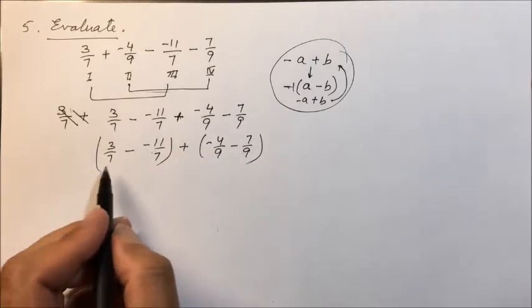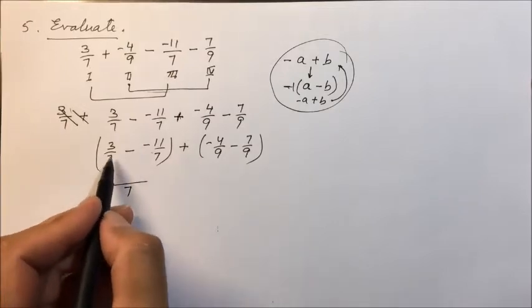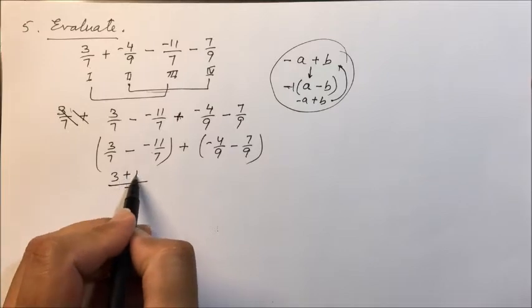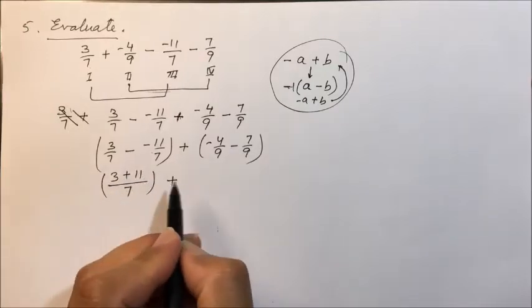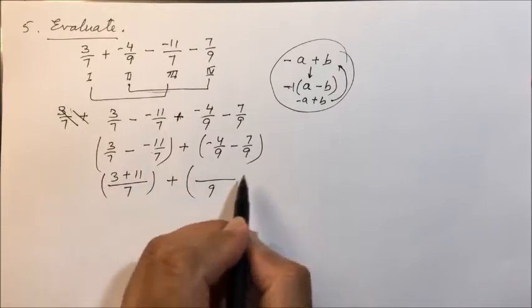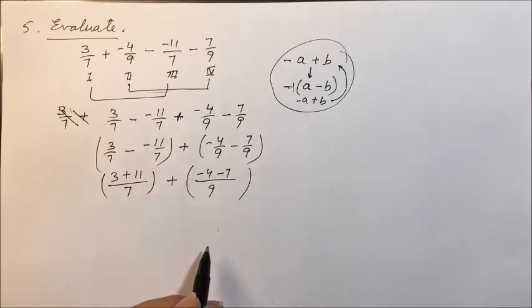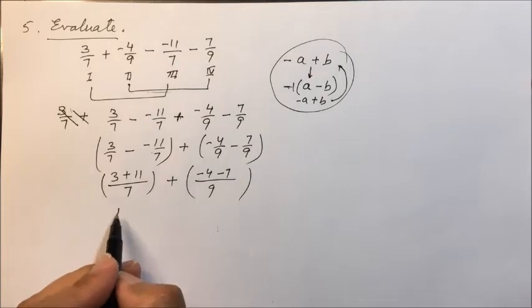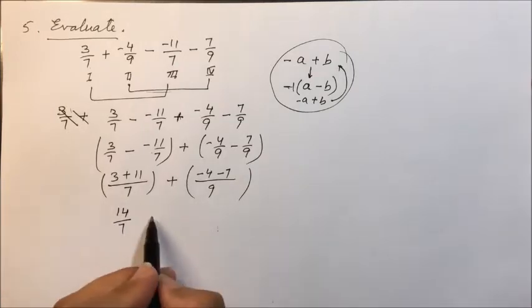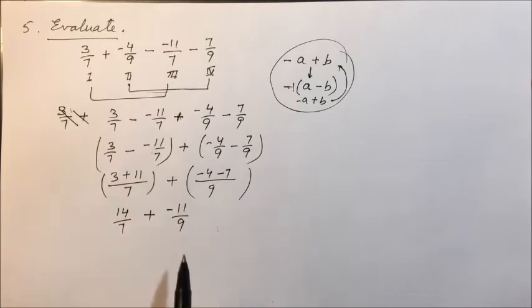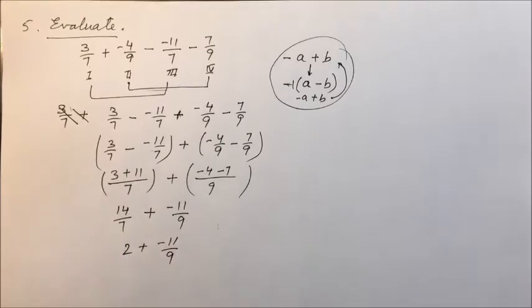So now 7 is the LCM, 3 minus minus becomes plus, plus 9 is the LCM, minus 4 minus 7. So it will be 14 upon 7 plus minus 11 upon 9, and we can cancel them. It will be 2 plus minus 11 upon 9.